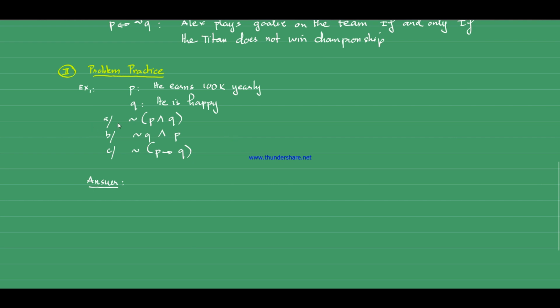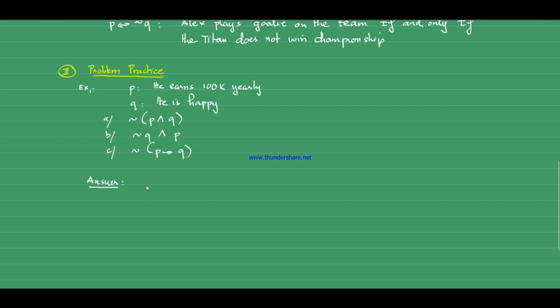We want to negate the whole thing over here. How are we going to write that? He earned 100,000 K yearly and he's happy. So we negate that.